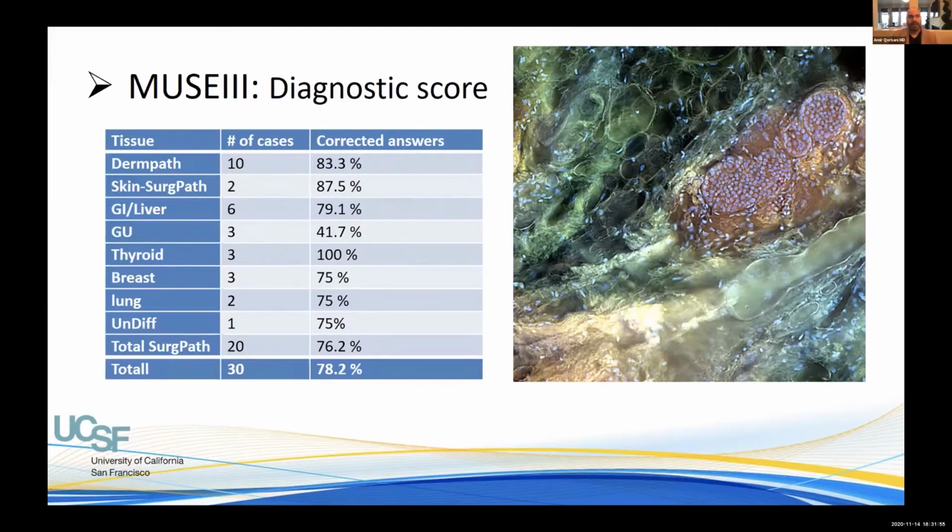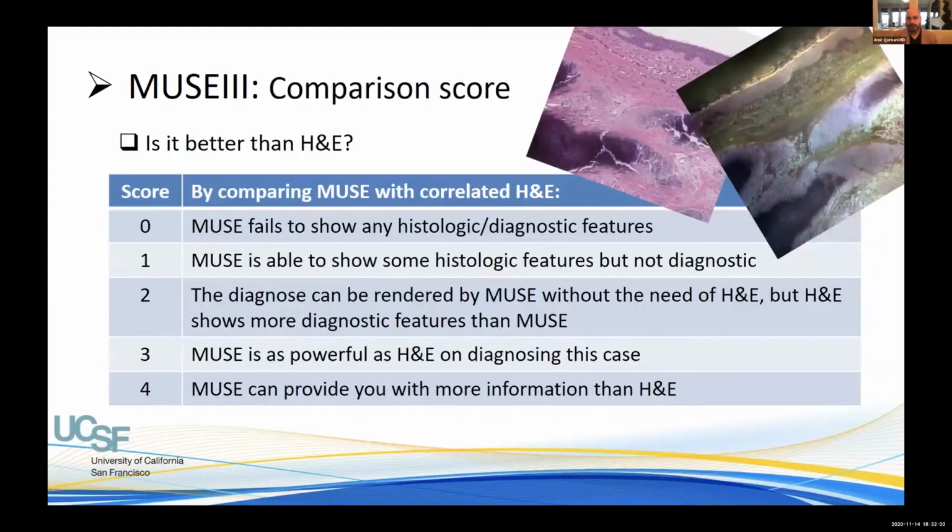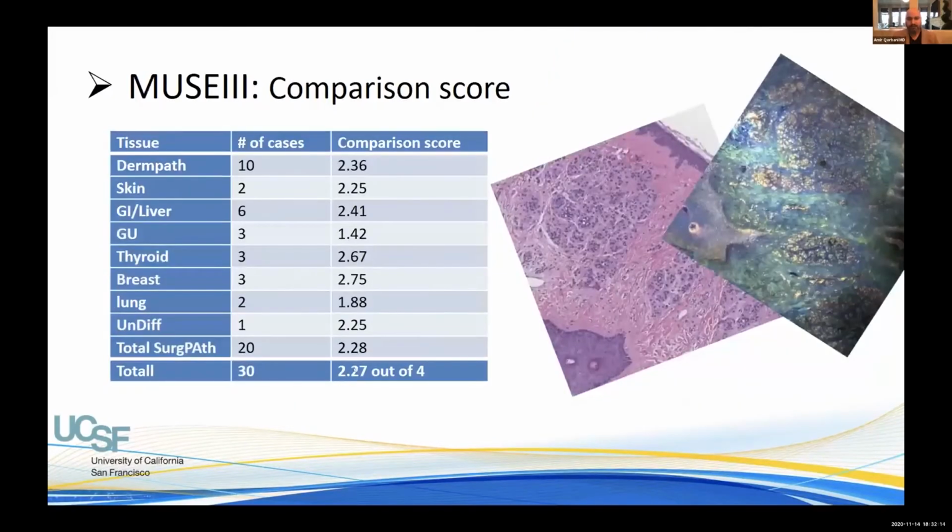But we wanted to see if the microscope is good even for a person who doesn't have experience with this microscope. So for the comparison score, when they diagnosed it, we showed it to the H&E, compared it to the H&E, and asked them to score it from 0 to 4, which was 2.27 out of 4, meaning it is diagnostic because it's more than 1, and it's not as good as H&E, but in some areas it's stronger, or at least equal.